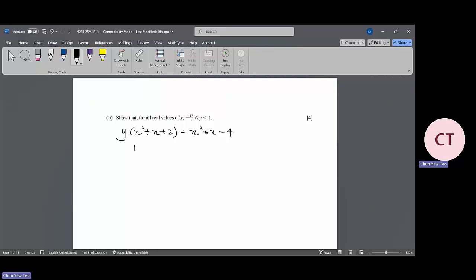Then you will have (y minus 1)x squared plus (y minus 1)x plus (2y plus 4) equal to 0. In order to have solutions, your b squared minus 4ac must be greater than or equal to 0.